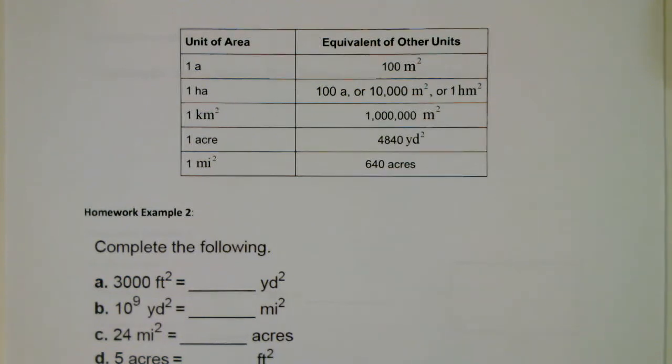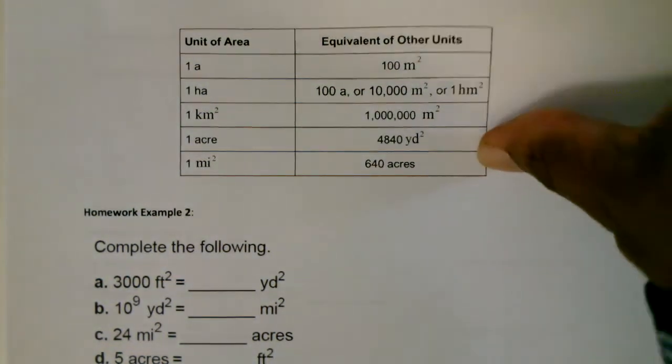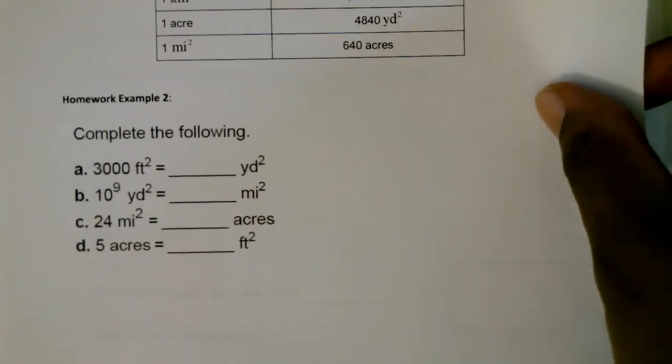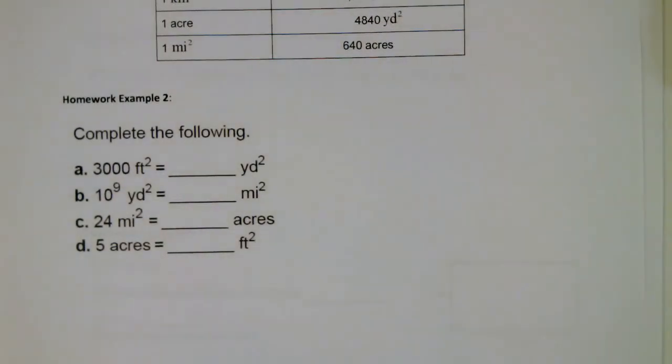Because we're going to look at a few examples of this, starting with part A. 3,000 square feet is how many square yards? Okay.